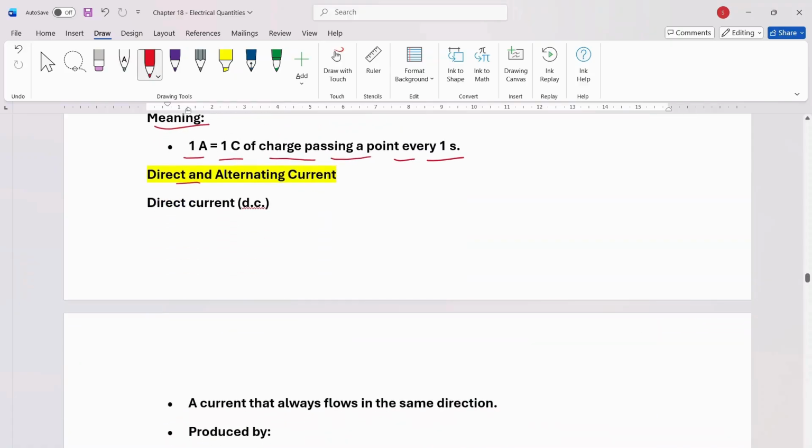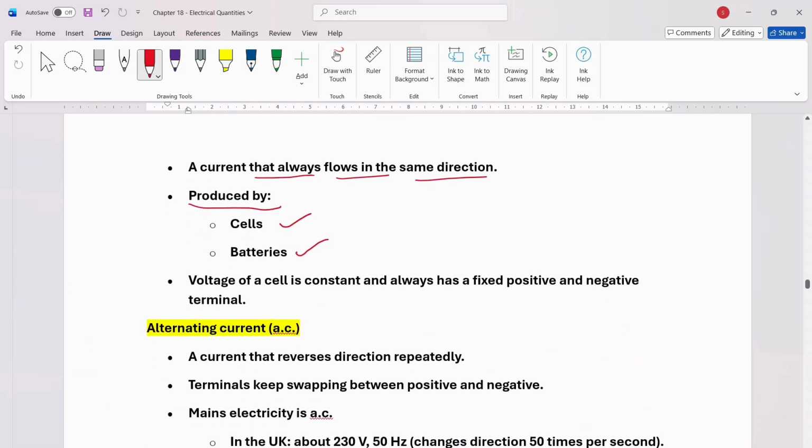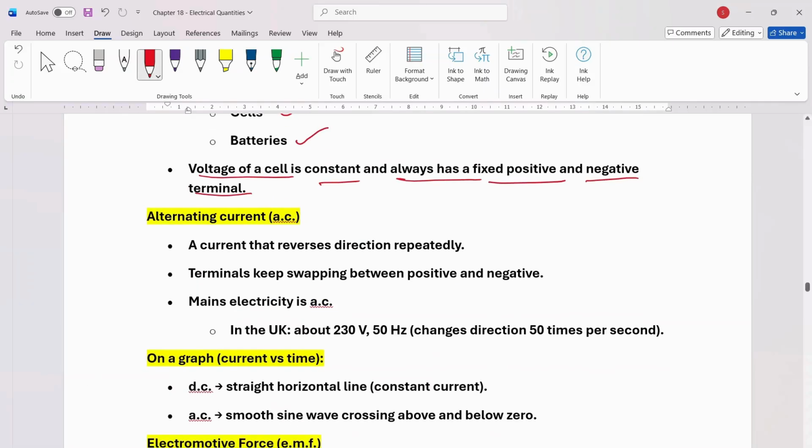Let's talk about direct and alternating current. Direct current, DC, is a current that always flows in the same direction, produced by cells and batteries. The voltage of a cell is constant and always has fixed positive and negative terminals. Alternating current, AC, is a current that reverses direction repeatedly.